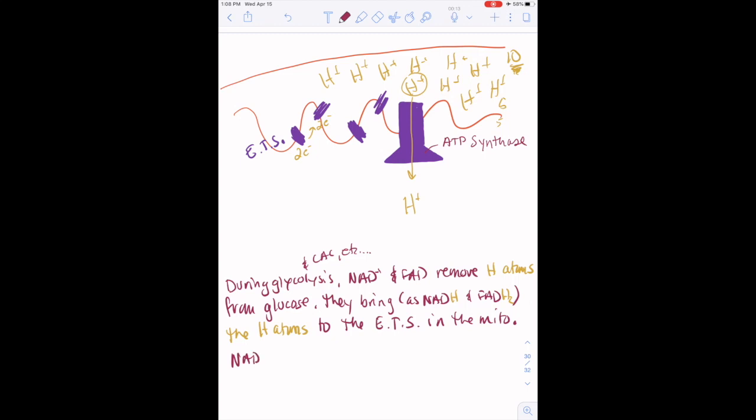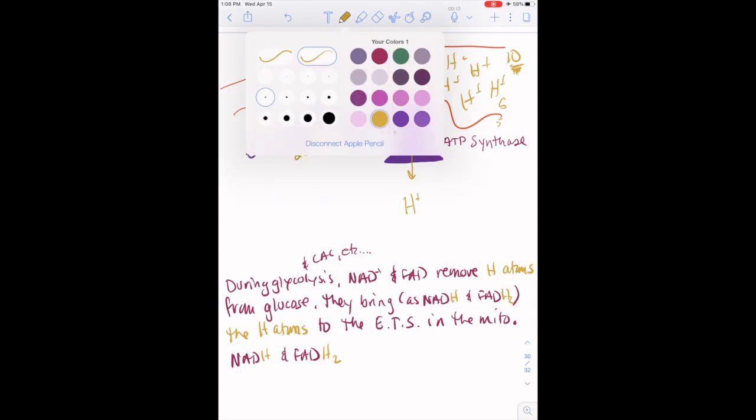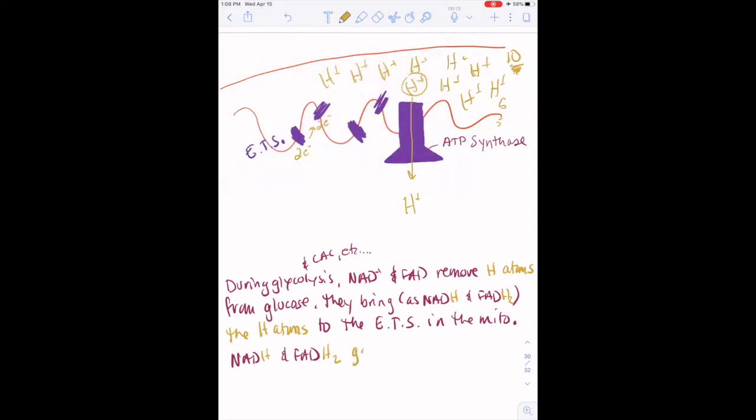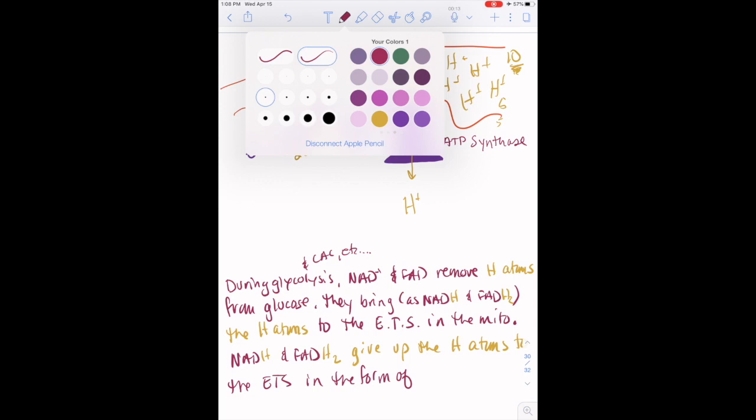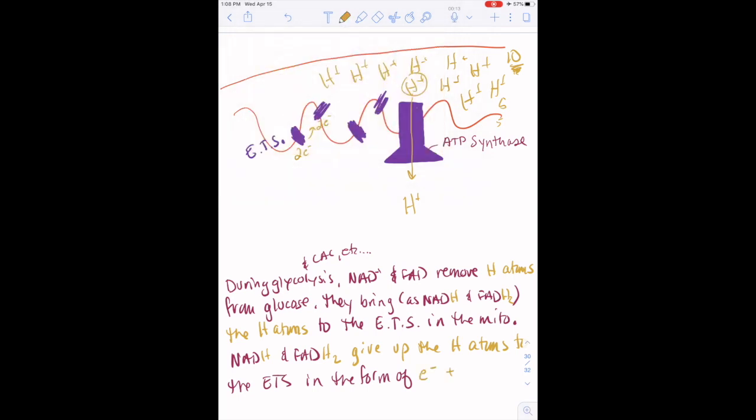NADH and FADH2. We're still color coding here. I'm working hard to color code because I think it makes it a little bit easier for many of us. NADH and FADH2 give up the hydrogen atoms to the ETS in the form of electrons and protons.